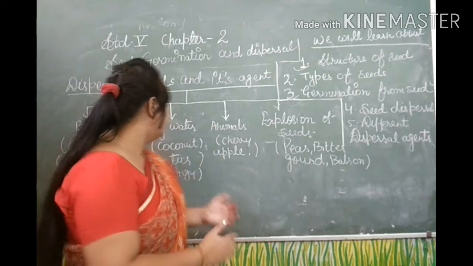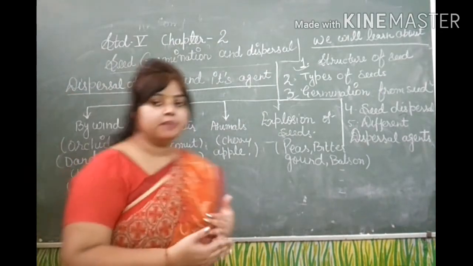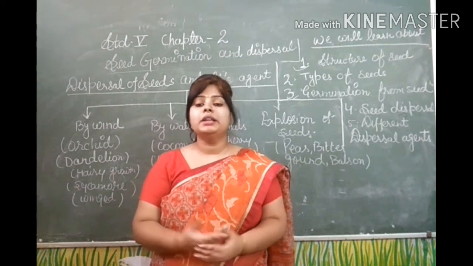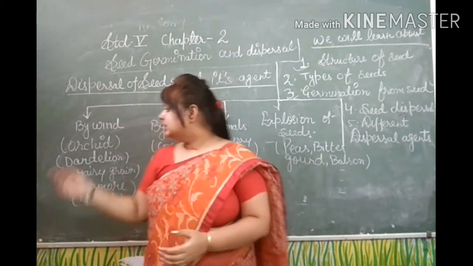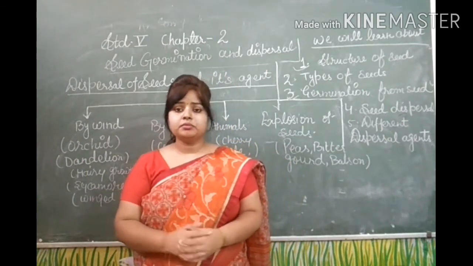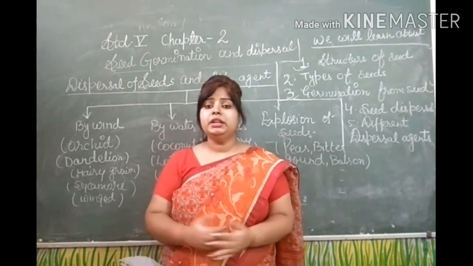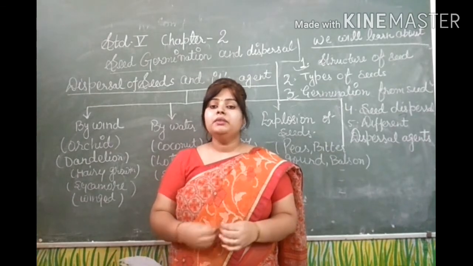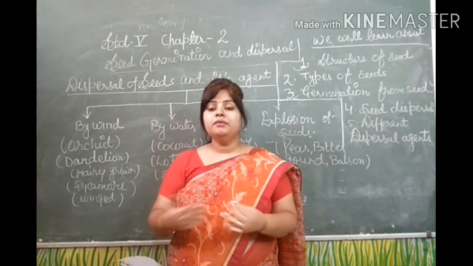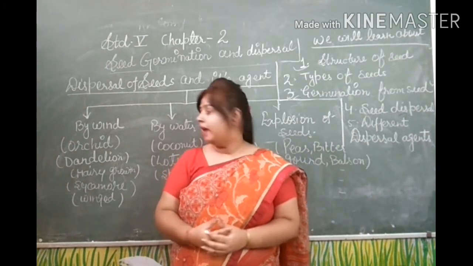Now coming to the first point, by wind. By wind is the first point that helps in transferring the seed. The first example is the orchid seed. It is a very lightweight seed and it flies off to a faraway place and gives rise to a new plant.